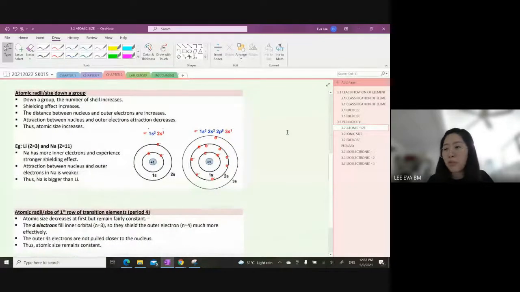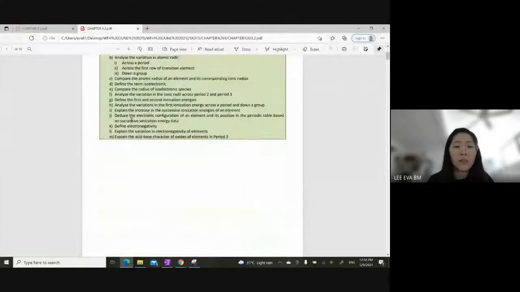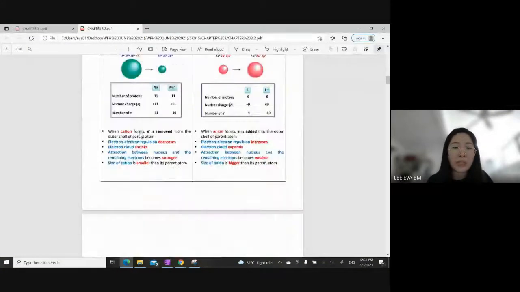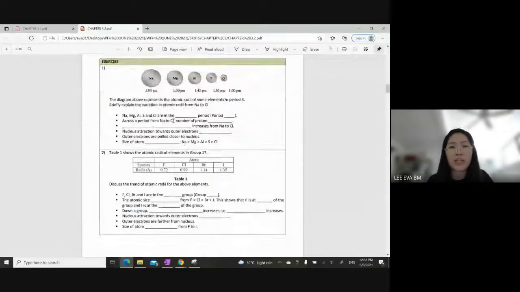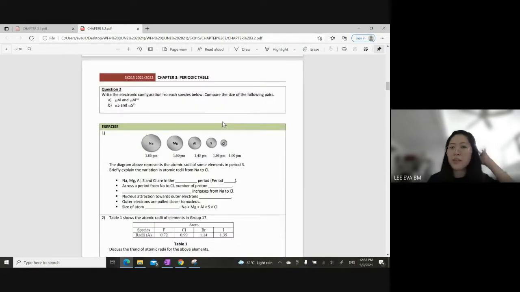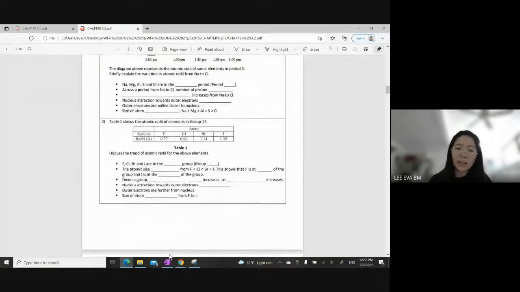For chapter 3.2, if you look at the notes that Madam has given, because this one is an assignment-based chapter, for most of the questions Madam has already provided the sample answer, but you just fill in the blank. So we can save a little bit of time by doing the exercise together. Okay, so I want you to look through first, and then we'll discuss again in the next lesson.